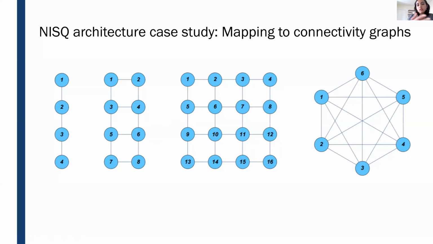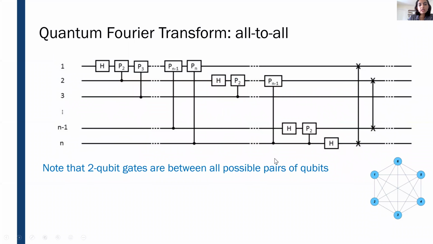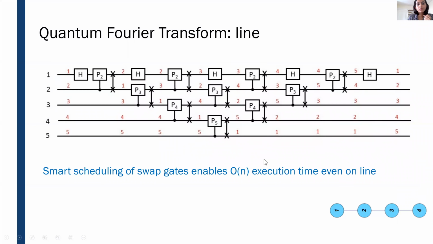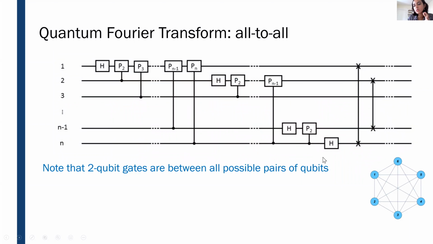So how do these different connectivity graphs play into the implementation of the algorithm? For instance, let's go back to the quantum Fourier transform. We discussed this before, right? You can see that there are 2 qubit operations between all possible pairs of qubits. So 1 and 2, 1 and 3, 1 and 4, and so on, then 2 and 3, 2 and 4, and so on. You would think that this is most naturally suited to an all-to-all connectivity graph.